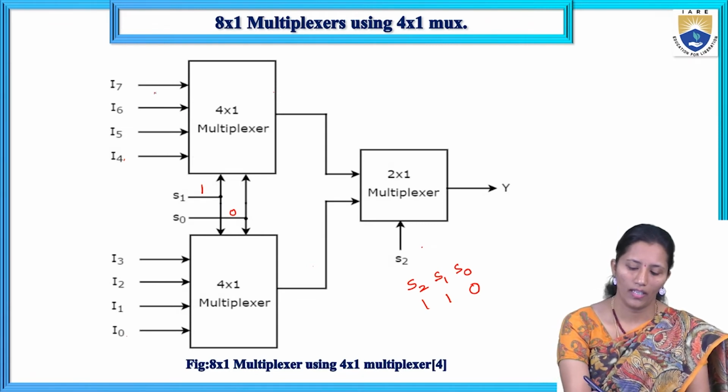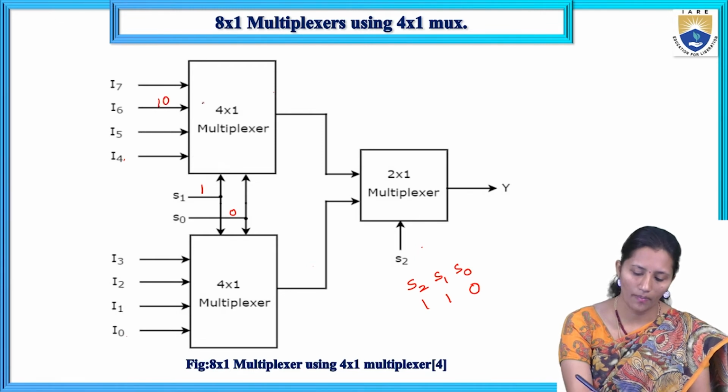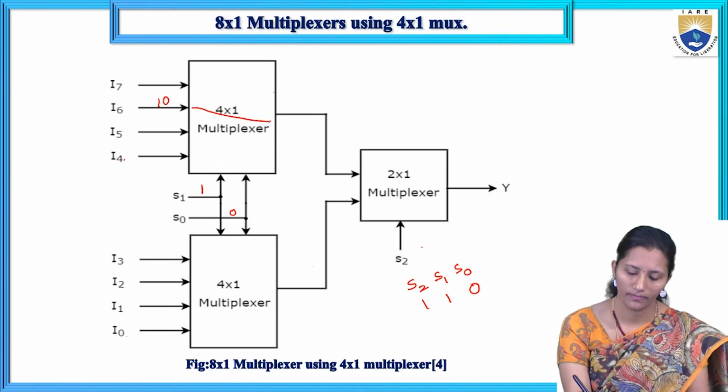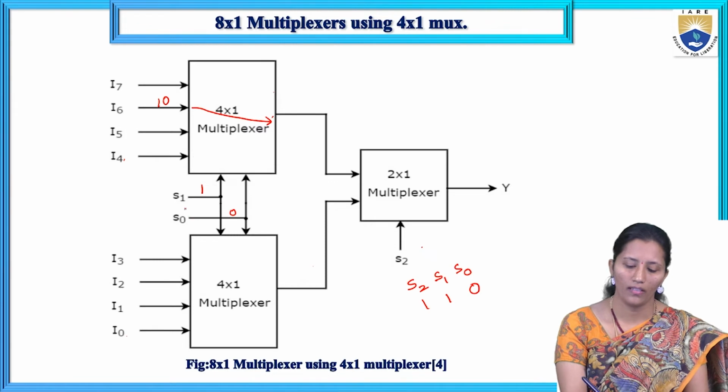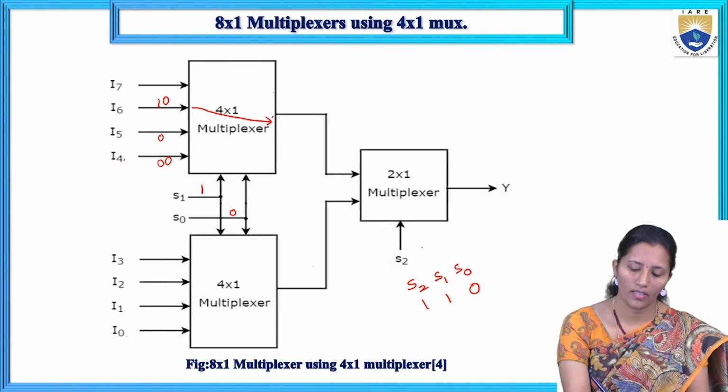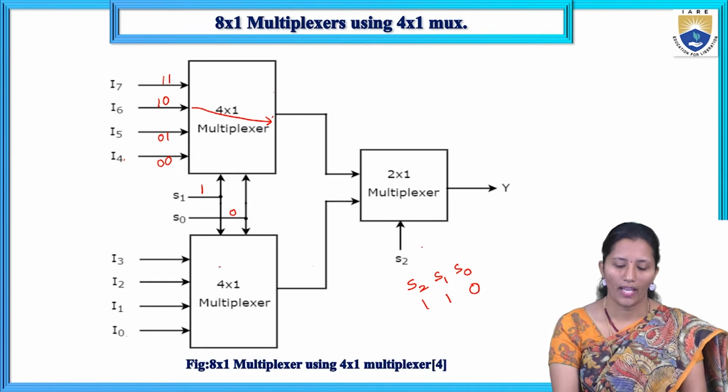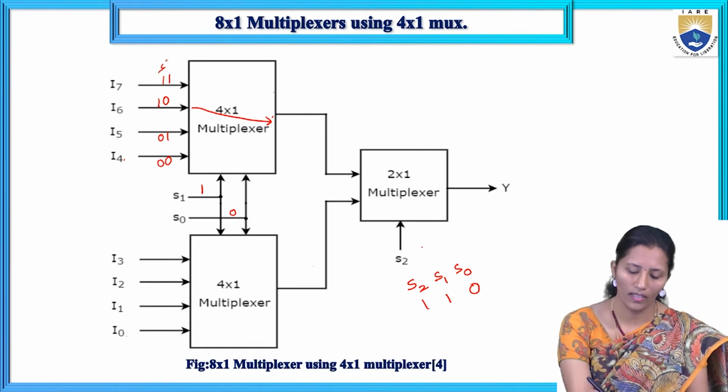For the first multiplexer, selection line 0 0 maps I4, 0 1 transmits I5, 1 0 transmits I6, and 1 1 transmits I7, for selection lines S1 and S0.